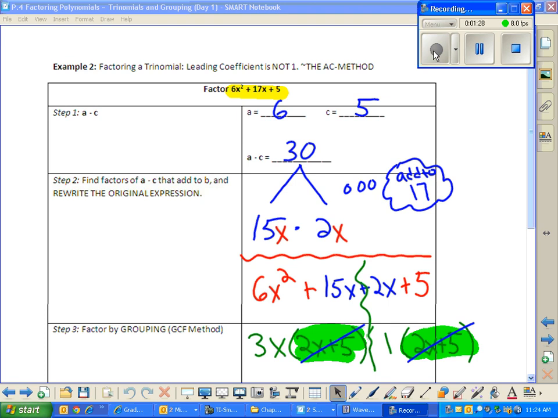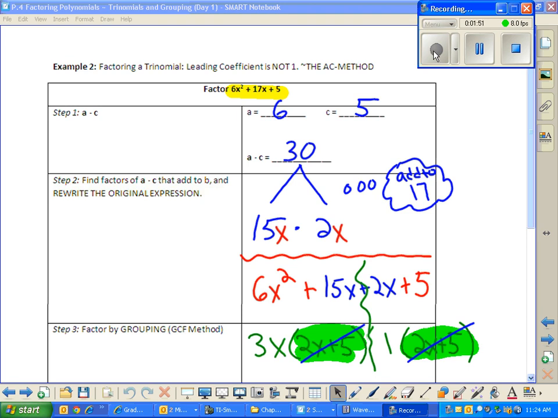Lastly, I can't use the method I just showed you two seconds ago, because if I look at that 5 at the end, there are no two numbers that multiply to give me 5 that add to 17 in the middle. So that method also does not work, which means I have to pull in this factor of a somehow.